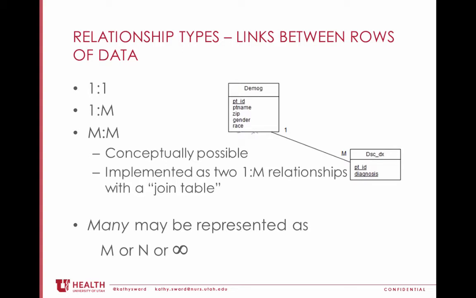Now, many-to-many relationships are actually conceptually possible in a relational database, but when it's implemented, it's implemented as two one-to-many relationships, and there we create sort of a join table in between the two parts of the many-to-many relationship. So the video in your module where he said many-to-manys can't exist in a relational system, that's sort of true, sort of not true, because there's a way to make it work.